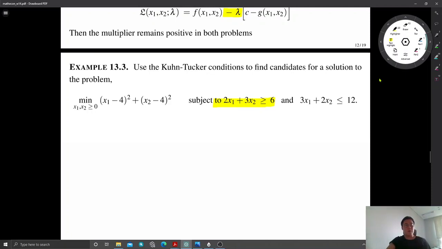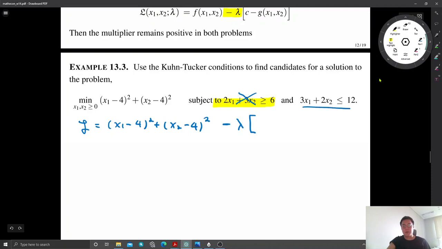We set up the Lagrangian: x1 minus 4 squared plus x2 minus 4 squared, the same term. But now in front of lambda, we put the minus sign. Just ignore this constraint for a second. We pay attention to this constraint: 12 minus 3x1 minus 2x2.